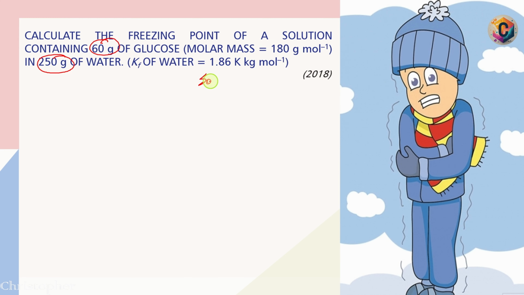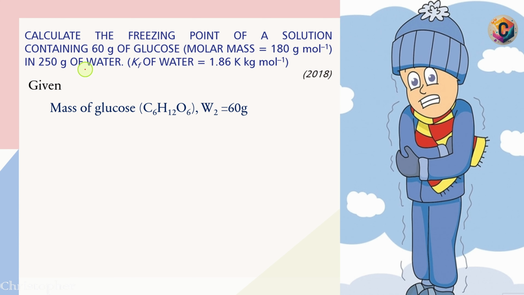The solute is the one taken in smaller quantity, and the solvent is the one taken in larger quantity. If you remember this, you can easily find what is solute and what is solvent. Solute, less amount. Solvent is taken in more amount. So 60 is less, 250 is more. So glucose is my solute and water is my solvent.